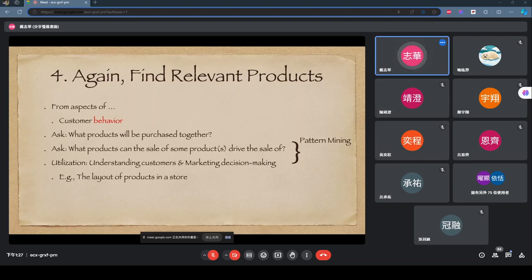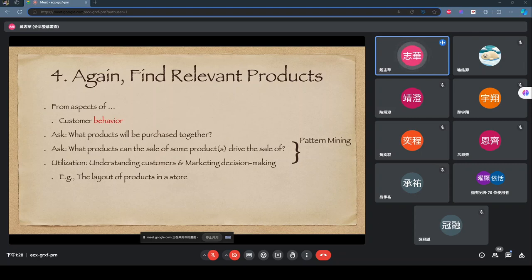We call it pattern mining and the association rule. What is pattern mining? For example, we could try to find relevant products. But this time, we have a different definition of relevant. What is called a relevant product?